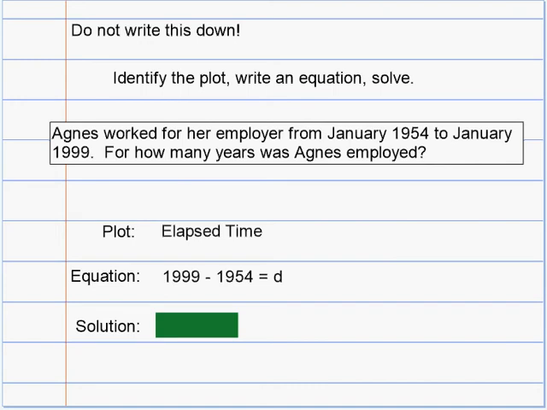It's not enough to do this. If you do this on your paper, that is not correct, because then more than likely right here you solve it, and that's not the equation that we want. We need to see the variable so that we know what we're solving for. Solution then would be 45 years, and since this is time and it's measurable, we need to have that label.